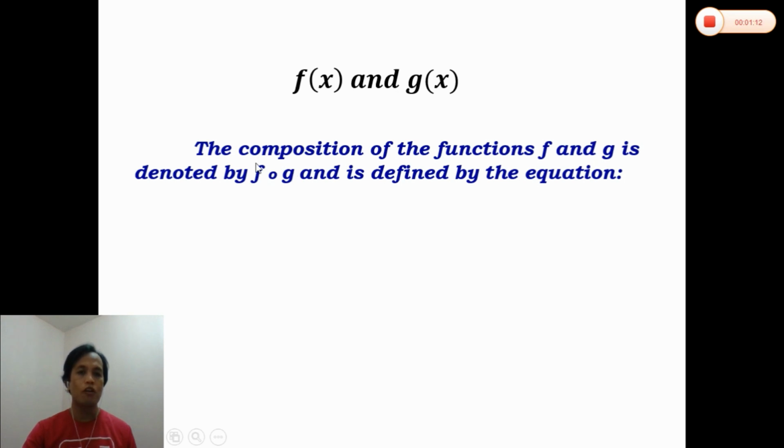This notation is defined by this equation, wherein the input x is in the domain of g and the g of x is in the domain of f. To understand more about this notation, let's proceed directly to the examples.